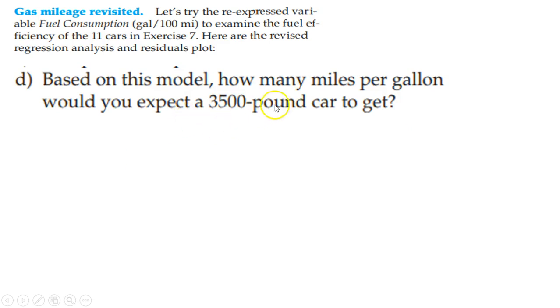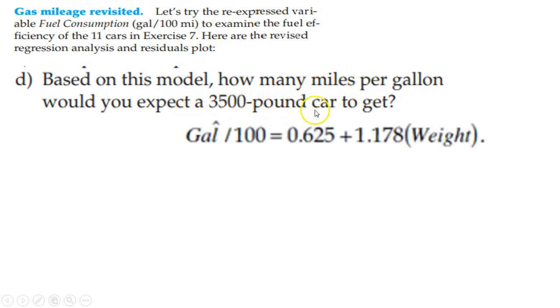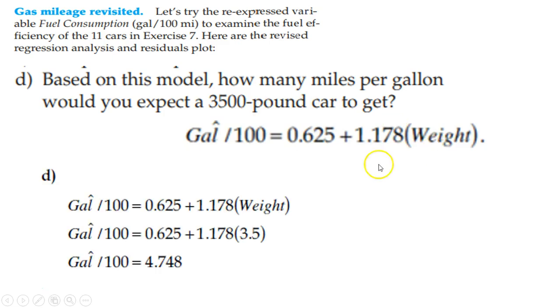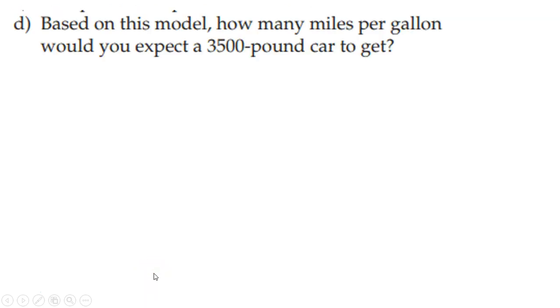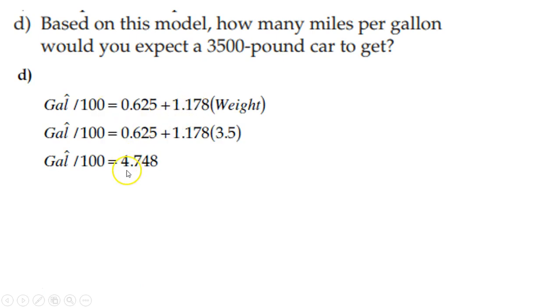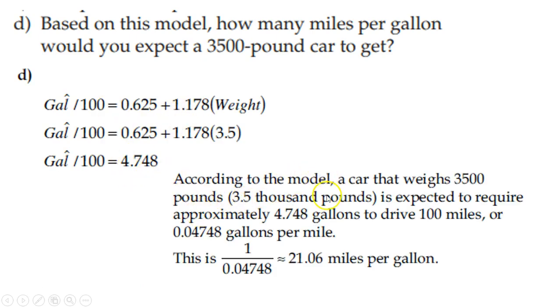It says, based on this model, how many miles per gallon would you expect a 3,500 pound car to give? So that's where the weight goes. But remember, it's in thousands, so that's why they moved it over to 0.35. So we plug it in to end up getting that. According to our model, a car that weighs 3,500 pounds is expected to require approximately 4.478 gallons to drive 100 miles.